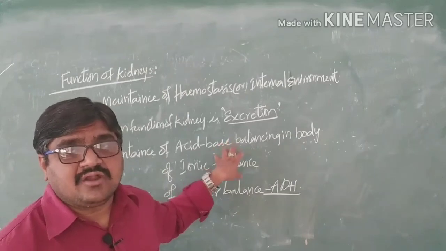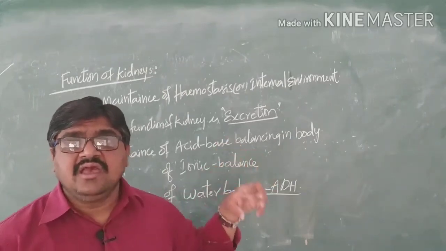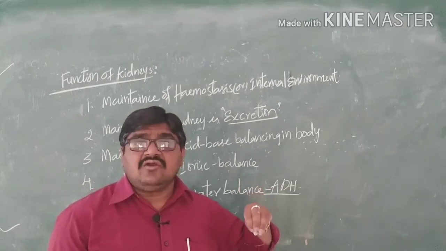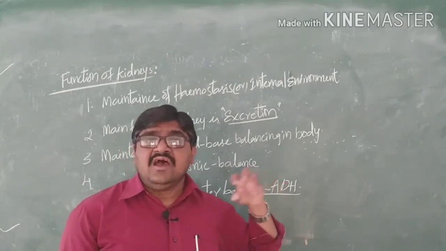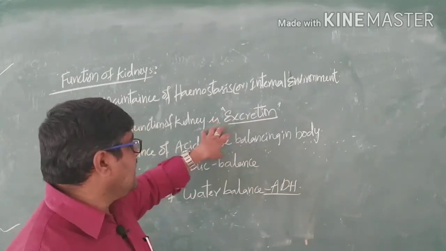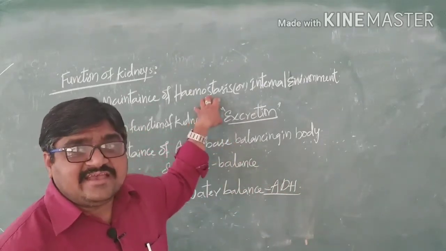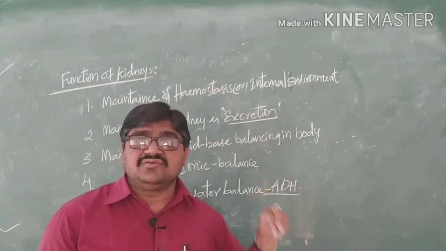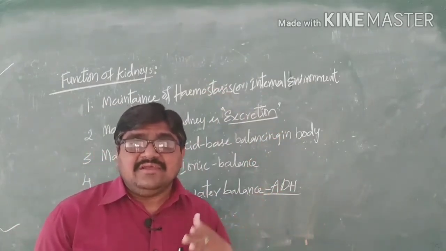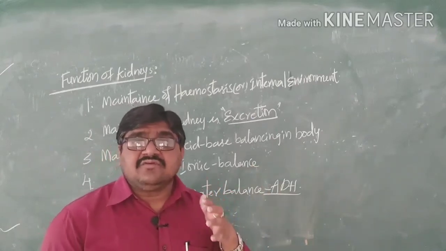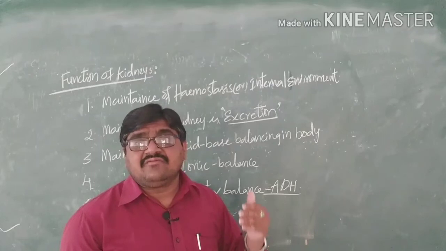It also helps in the maintenance of ionic balance. The sodium, potassium, calcium, and magnesium ionic balance is maintained, and excess ions are eliminated from our body. It also maintains acid base balance in the body. The main function is to excrete metabolic waste produced from the cells, which is eliminated outside because it is very toxic for the body.